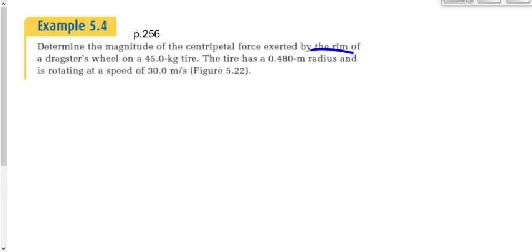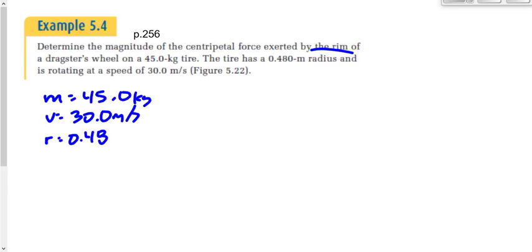So let's say, what do we got here? The mass is 45.0 kilograms. The speed here is 30.0 meters per second. And we got a radius here of 0.480 meters. We're solving for centripetal force. I think this one is very straightforward, right? F is equal to mv squared over r.